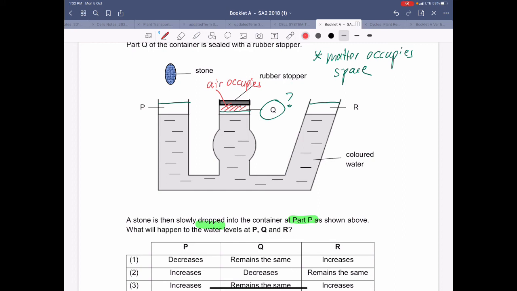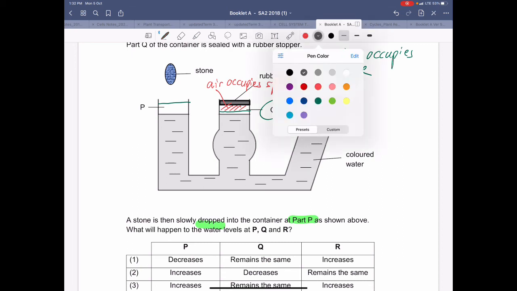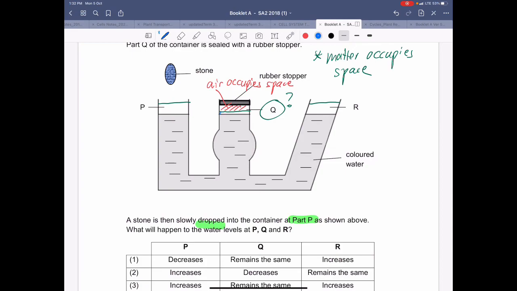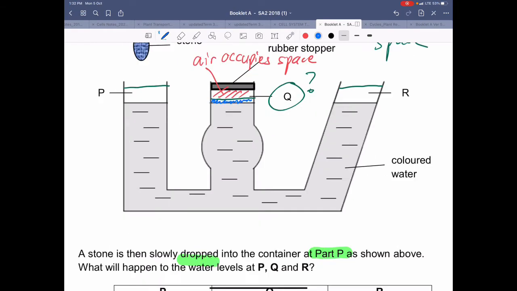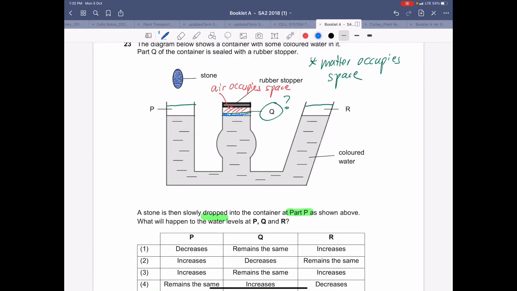Because air occupies space, it prevents the water level from going higher. However, we also know that air can be compressed. So because air can be compressed, it can cause your water level to increase by just that little bit over here. So we need to look at our options to see what is available.